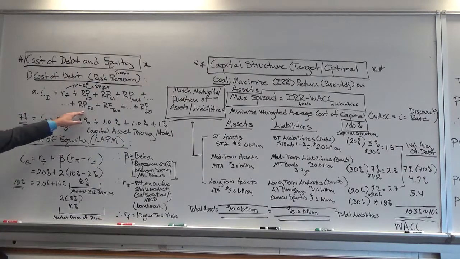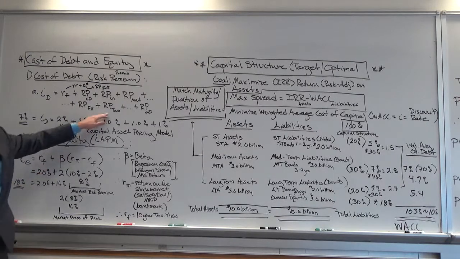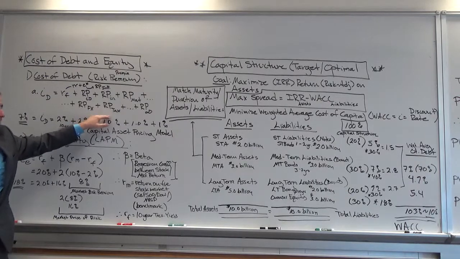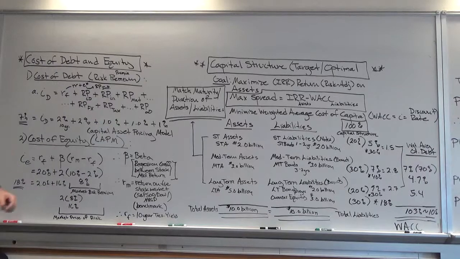And if we're an international firm, we probably have currency exposures. If we're a corporation, we probably have tax exposures. Again, you got to add those, and there may be other risk premiums that you have to tack on onto the risk-free rate to build the cost of the debt in which you're going to issue the bonds at.